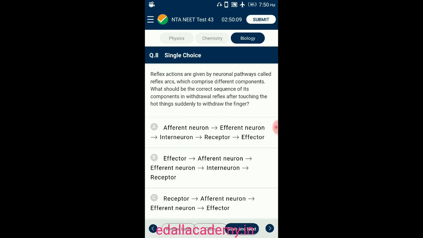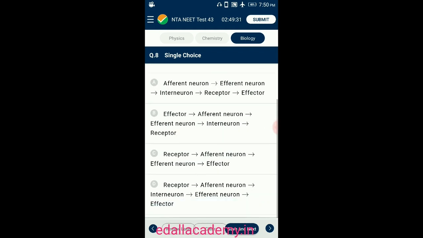A reflex arc comprises 5 components arranged in a sequence so that it receives sensory information such as extreme heat from sense organs to the central nervous system and gives a motor command to muscles or glands: receptor to afferent neurons, then interneurons, then efferent neurons, and finally it reaches the effector. So the answer for this question is option D. The correct sequence is option D.